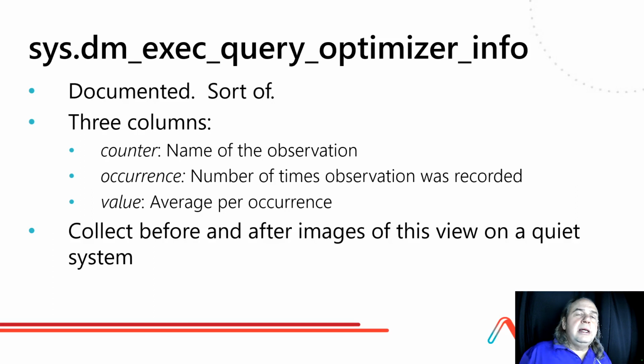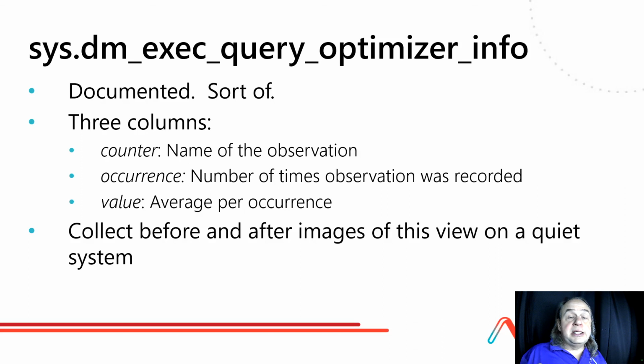Now, this particular DMV is aggregated, and it goes back to the time that the system restarted. So you just get a whole bunch of numbers in there that by themselves are relatively meaningless. Where it becomes meaningful, though, is that if you can capture just one optimization happening, you can see some of the details of what happened in that particular optimization.